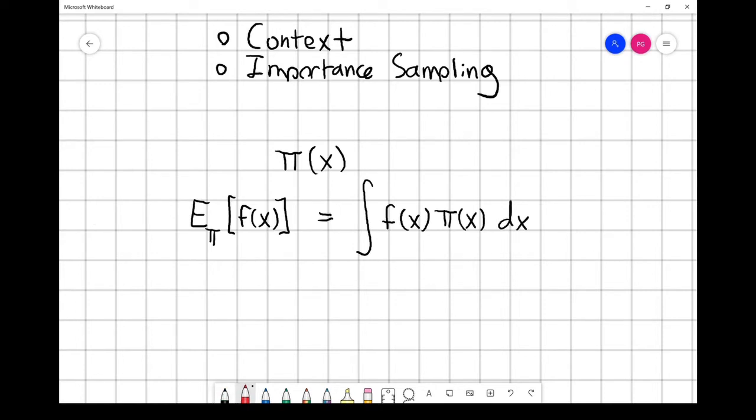And just to establish some semantics, we're going to refer to this thing throughout the videos as the target distribution.